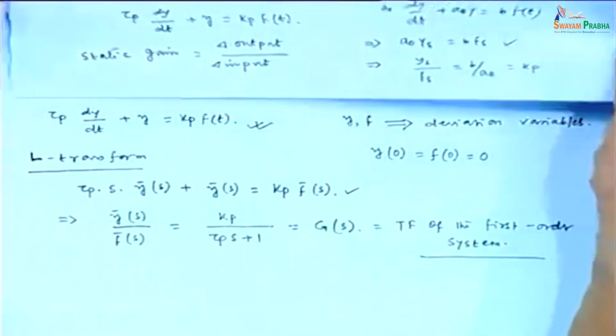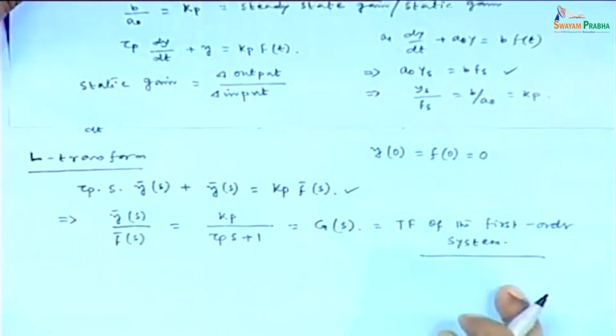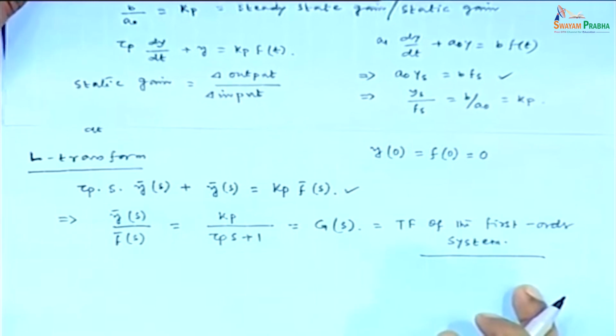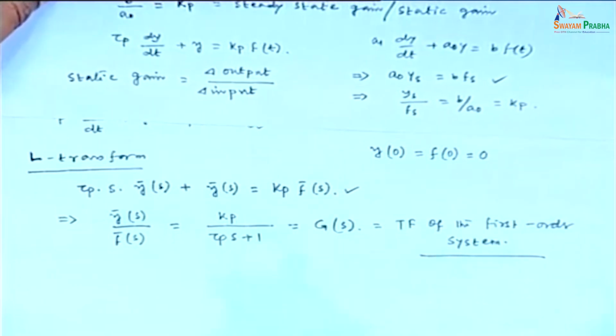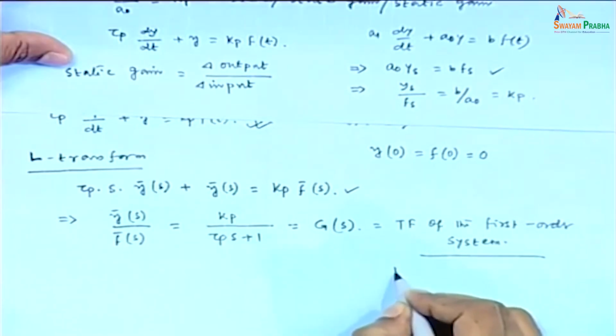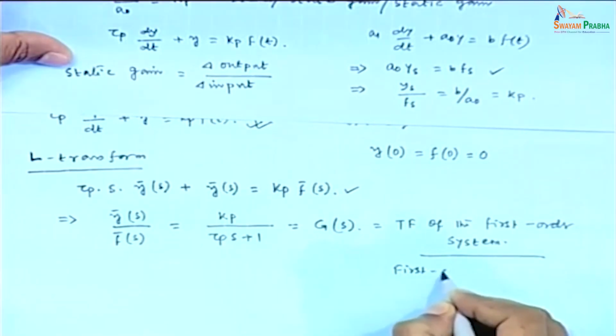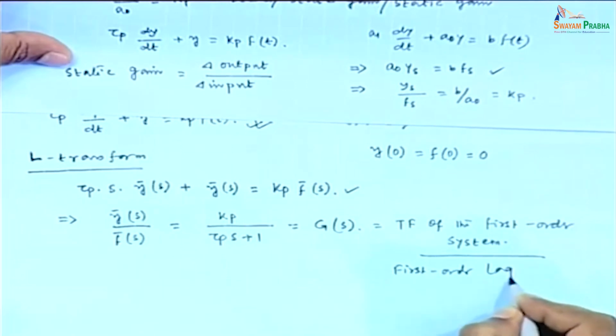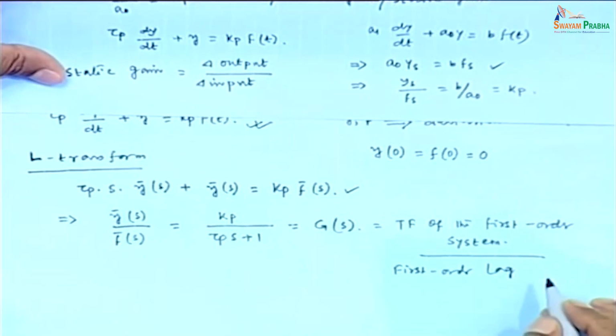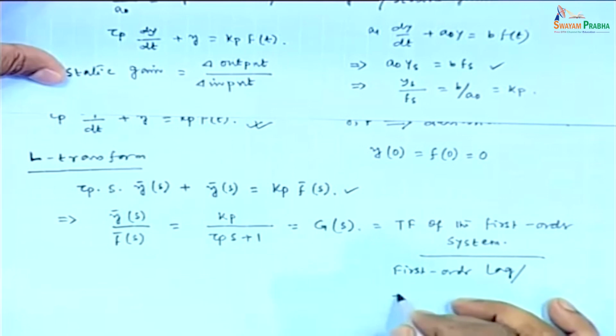And this is also called first order lag or exponential transfer lag.